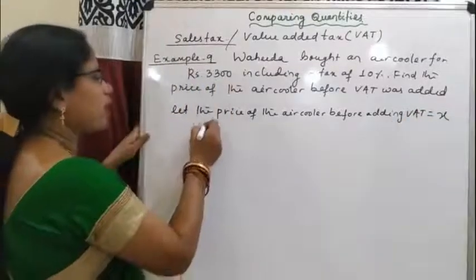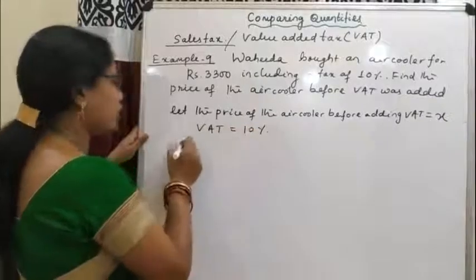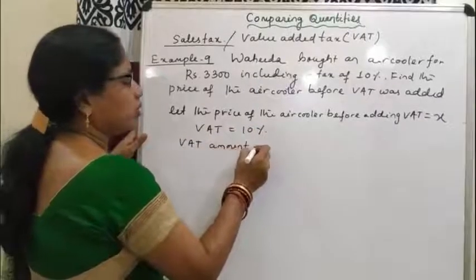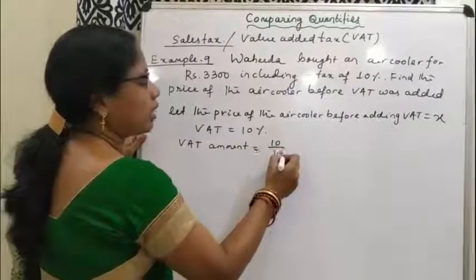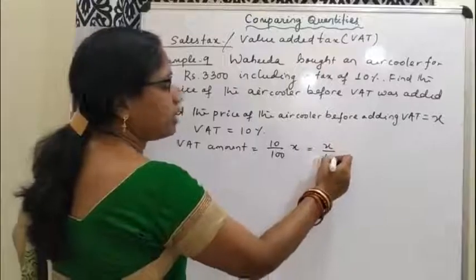The VAT is 10%. So the VAT amount is 10 by 100 multiplied with x, that is equal to x by 10.